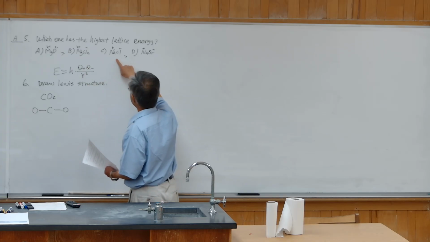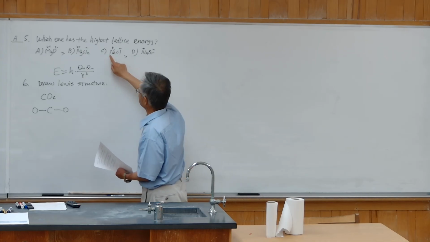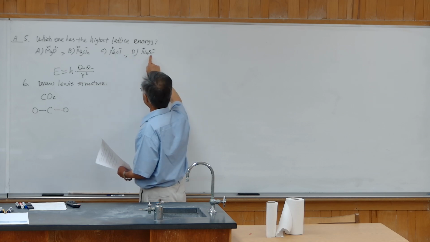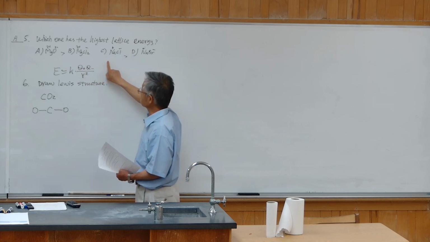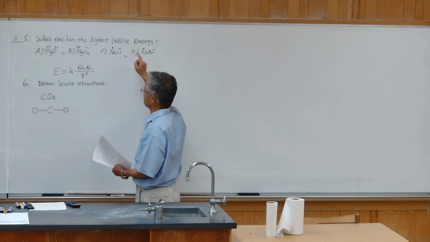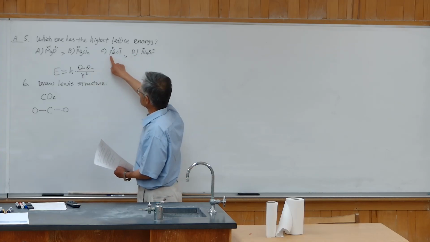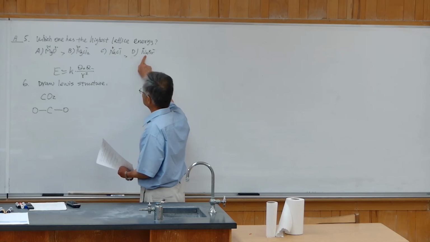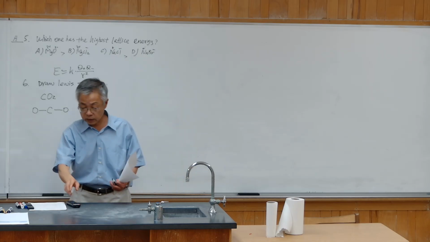If we compare C and D, both have the sodium ion, so the cation is exactly the same. And the anion, chloride -1, bromide -1. So the charges of the cation and anion, both compounds are +1, -1, exactly the same. Then compare size. Sodium ion size is exactly the same. The only difference is chloride and bromide.